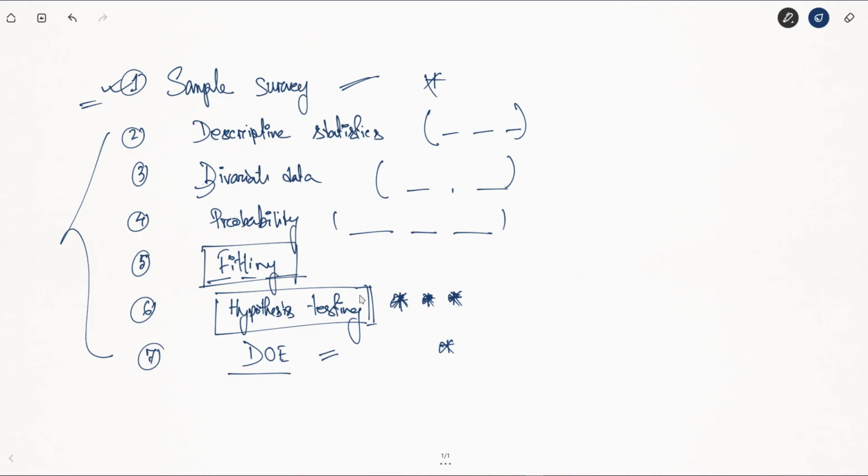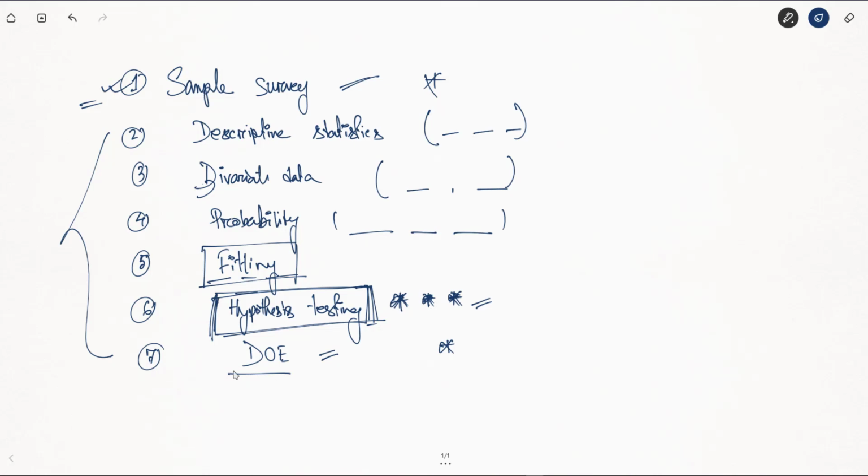Everywhere you will see testing of hypothesis, null hypothesis, tests, etc. You cannot avoid this topic. So I request you to go through it thoroughly and be careful in this topic, testing of hypothesis.